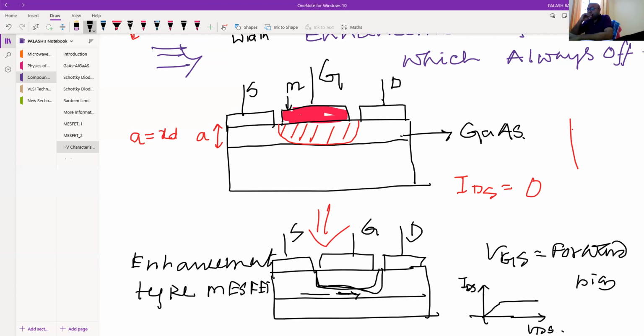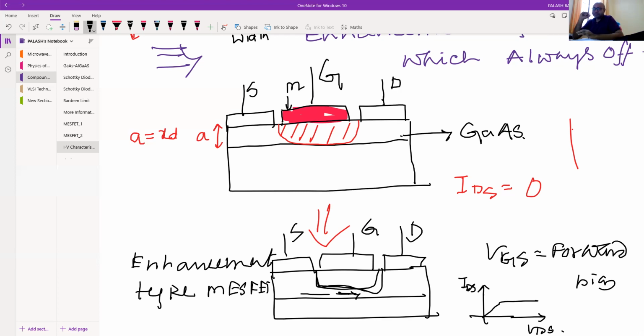Then, I saw a lot in the power electronics zone, they are saying that though it is a HEMT type of device, it is an enhancement type of MOSFET, MESFET they are using. So when you see the structure or any material data sheet, don't get confused about whether it's depletion or enhancement. Whether it's a depletion type of MESFET or enhancement type of MESFET, the philosophy is a little bit changed.